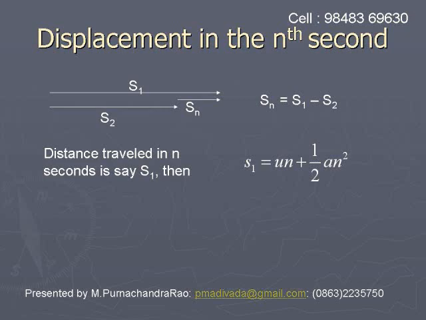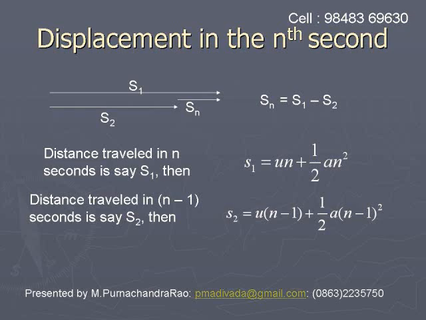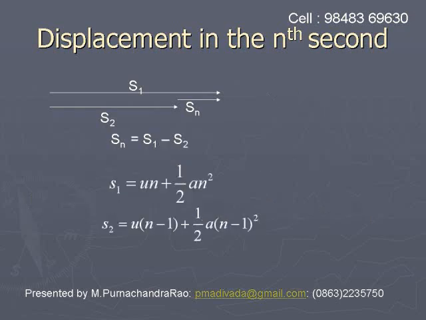We know that S is equal to ut plus half at square. If we take t as n, we will get S1 is equal to un plus half an square. For t, if you take n minus 1, then the relation becomes S2 is equal to u into (n minus 1) plus half a into (n minus 1) whole square.